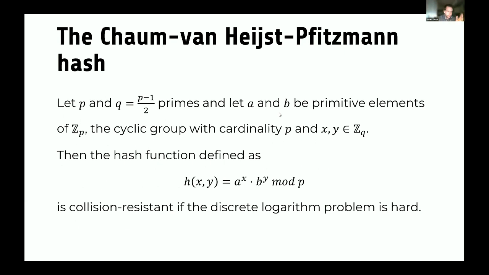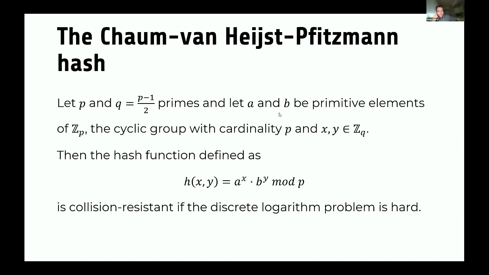And this is a building block of our protocol. This is not a hash function we developed, but this is a well-known hash function, but not a widely used hash function, because it is pretty slow compared to the most popular hash functions.